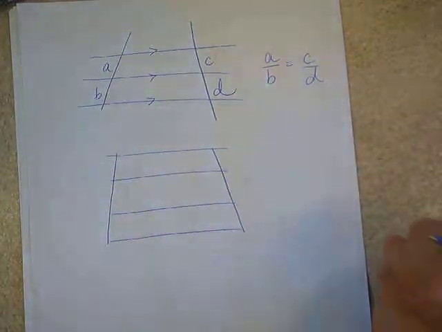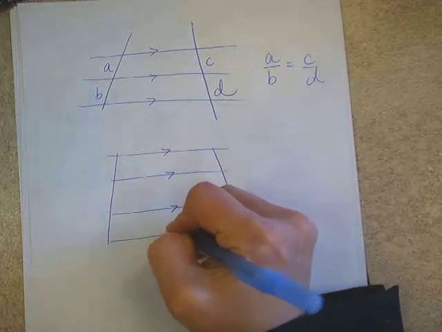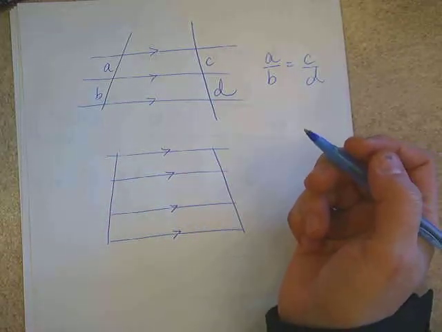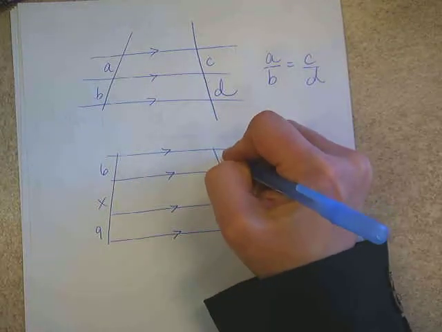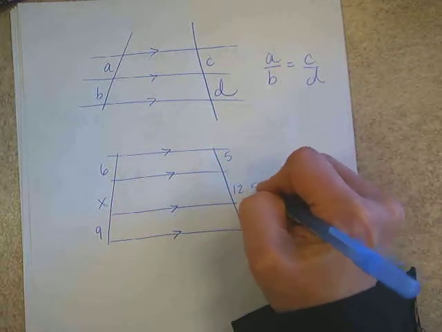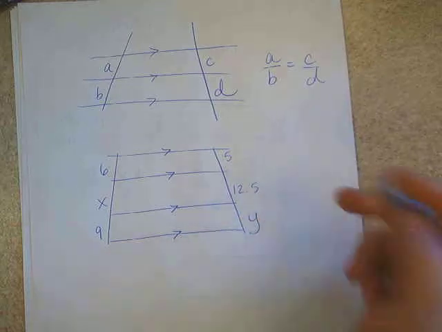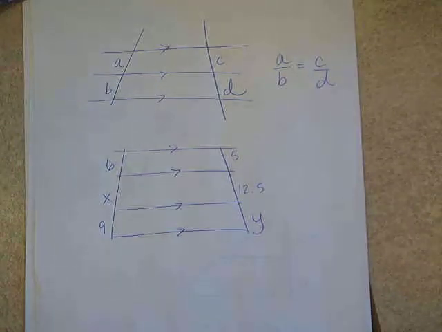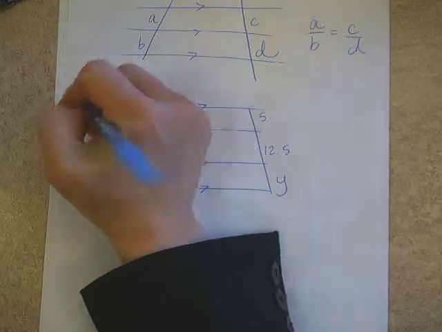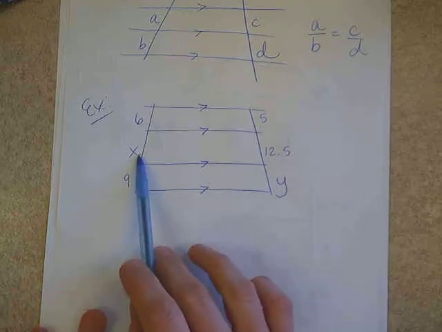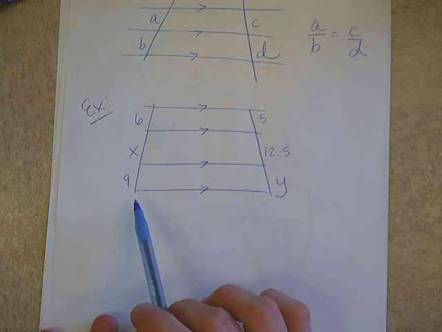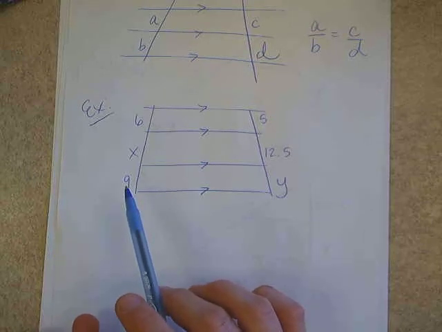So, for example, if we have a problem like this, you're going to have to set up 2 different proportions.